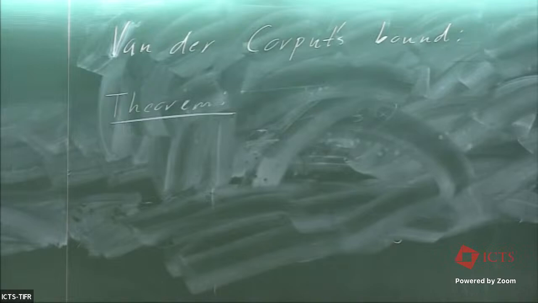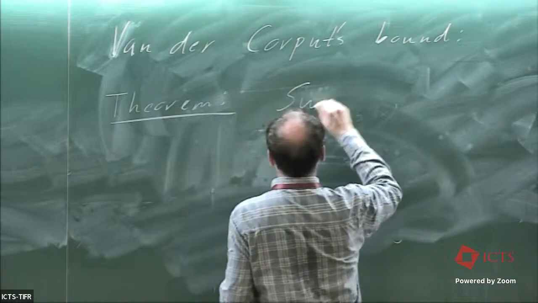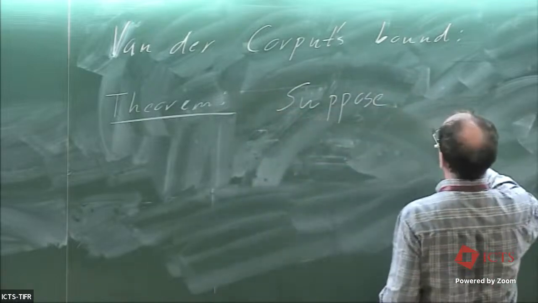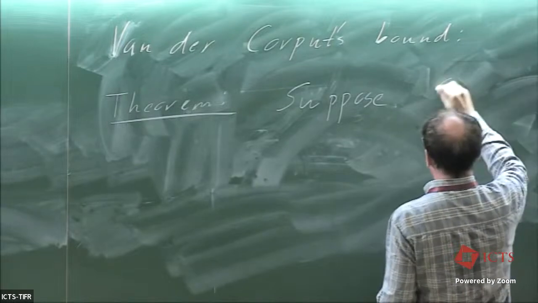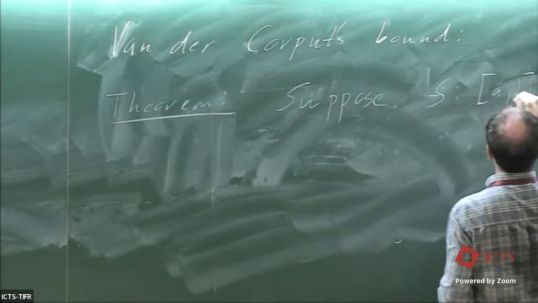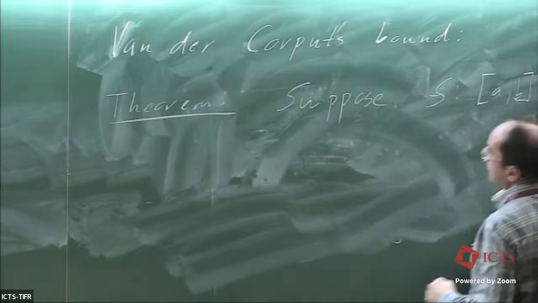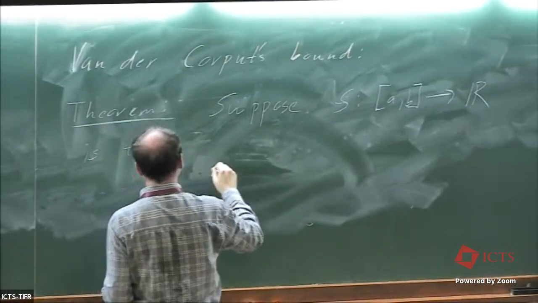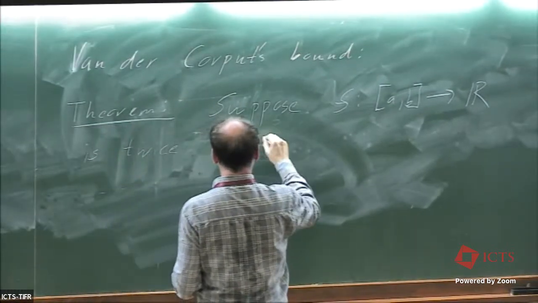So what one gets is the following. Suppose f from the interval [a, b] to R is twice continuously differentiable.